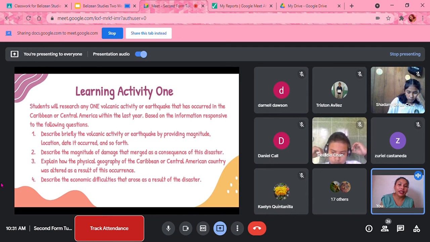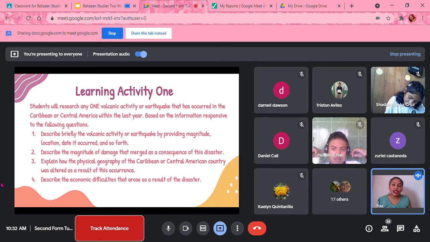Other volcanic activity does cause an extension in the island. For example, when the lava cools down, especially in the islands, it hardens and extends the island a little bit.